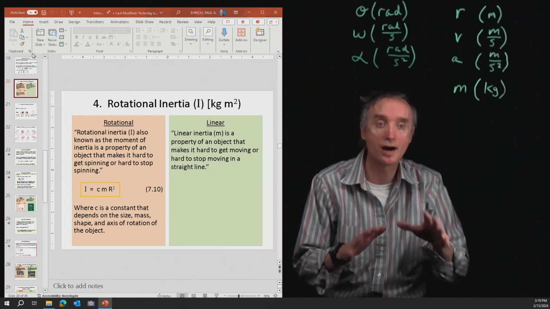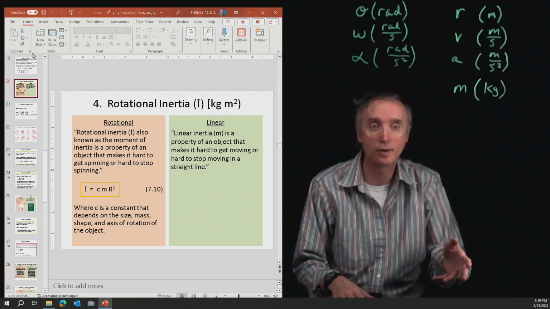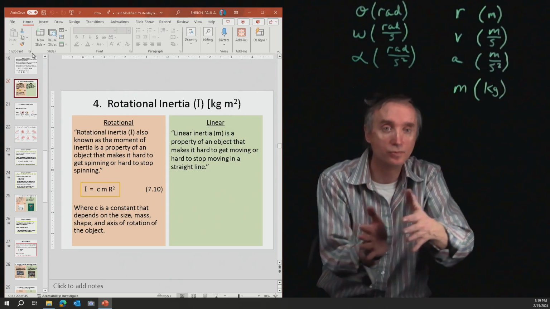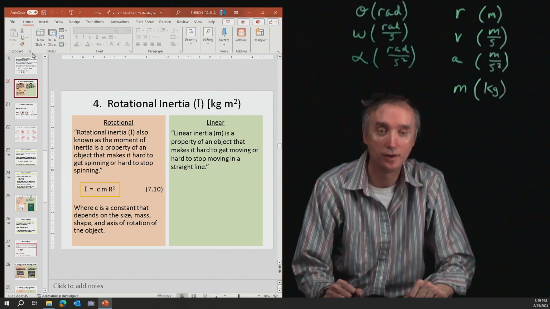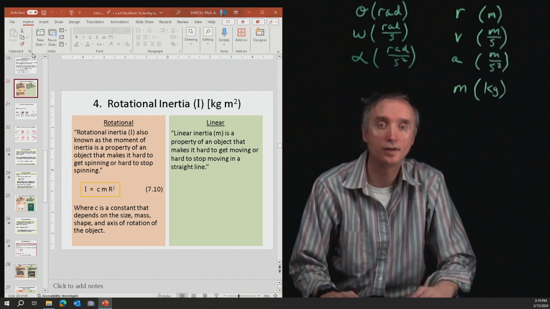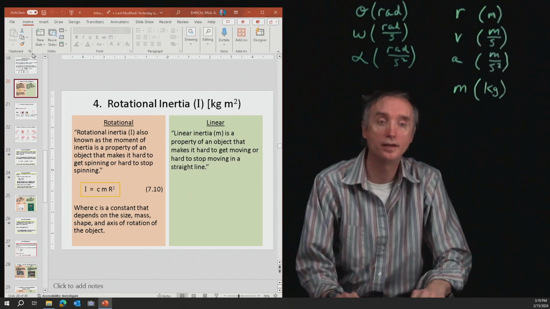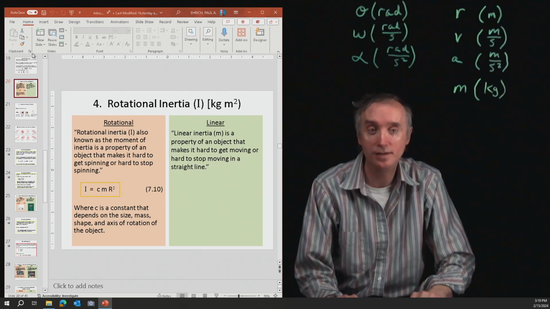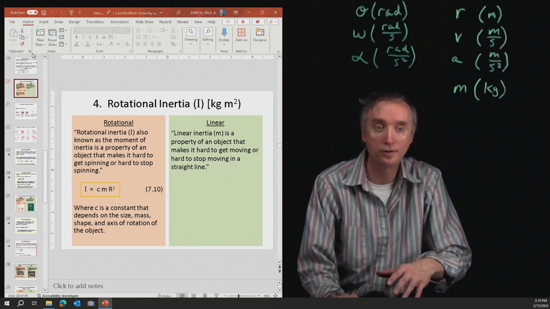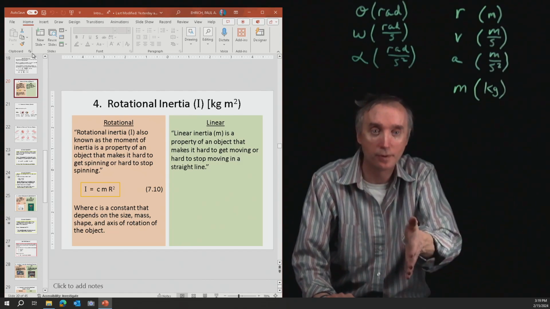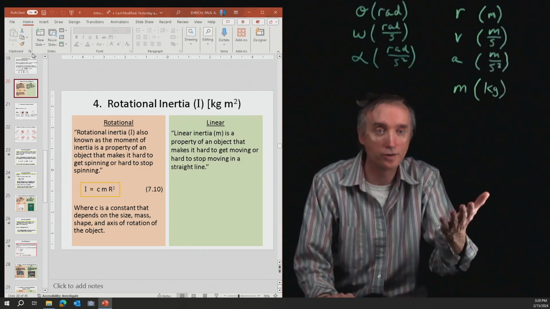So let's say it's on ice, and you kick the box, and the box starts moving across the ice. So it's really easy to get it to move, okay? But then it's also really easy to stop it because you can run in front of it and stop the box from moving just with your hand.